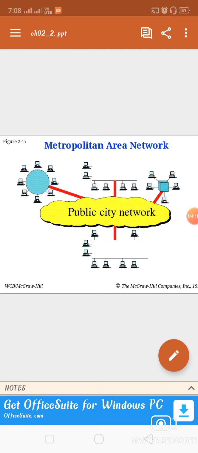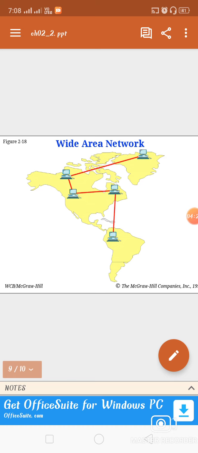Let us consider that n number of districts can be connected by a common network. Next, wide area network. In a wide area network, n number of computers can be interconnected over a wide area. For example, it can be connected widely.